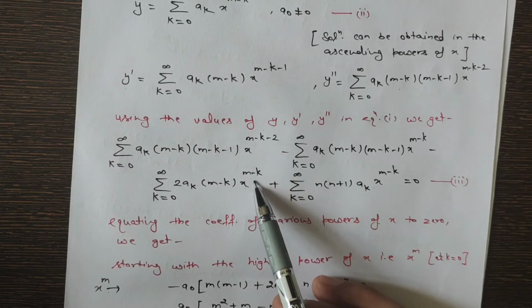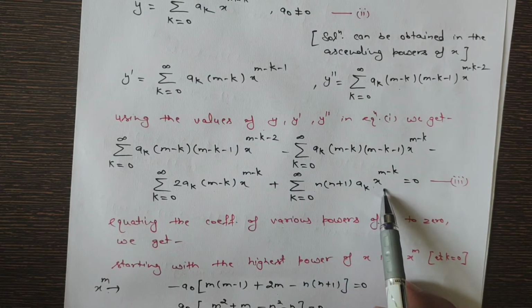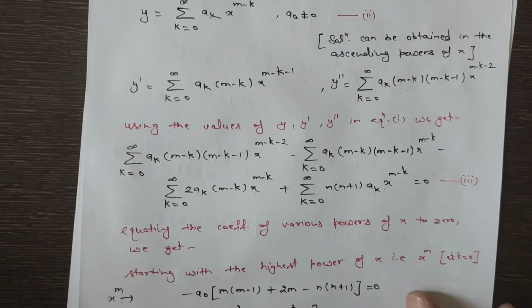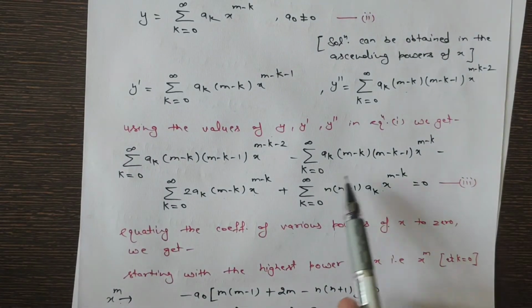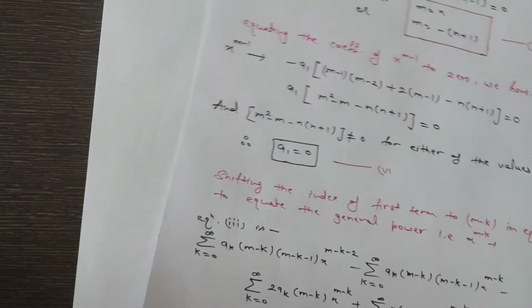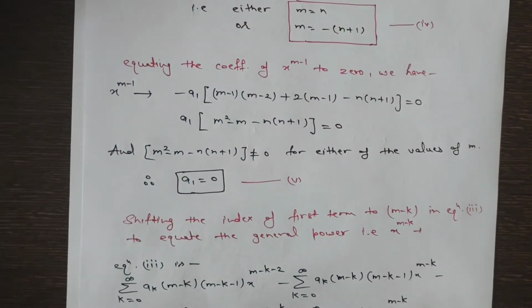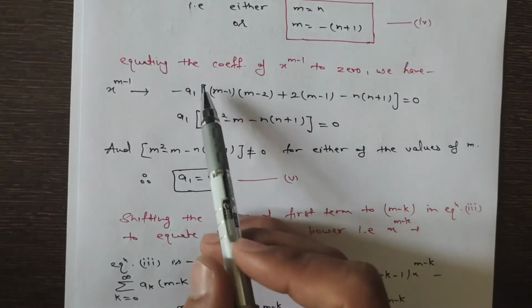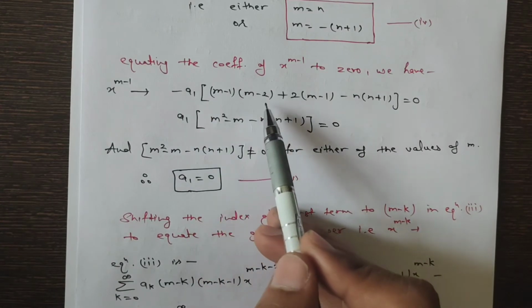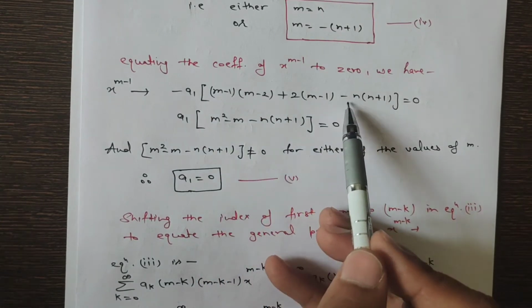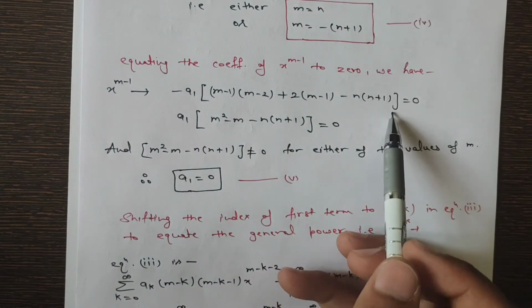So we are getting the contribution from these last three terms for the power m minus 1. So this will be minus a1 times m minus 1 into m minus 2 plus twice of m minus 1 minus n into n plus 1 equals 0.